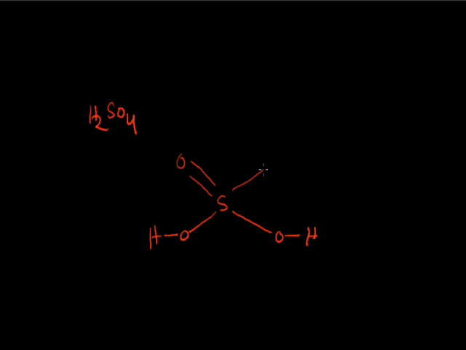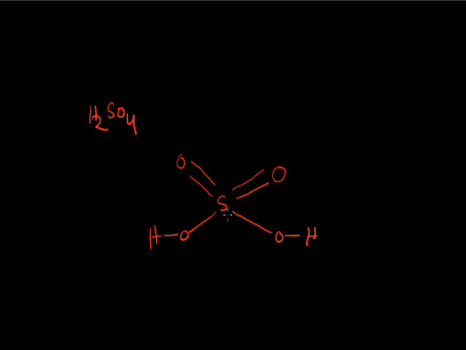We can find the OS with the help of structure. For example, if we draw the structure of H2SO4. Now in this structure, sulfur, OH, and then a double bond with oxygen and one more double bond with oxygen. In this example, the EN of the sulfur is less than oxygen and the EN of the oxygen is more than hydrogen.